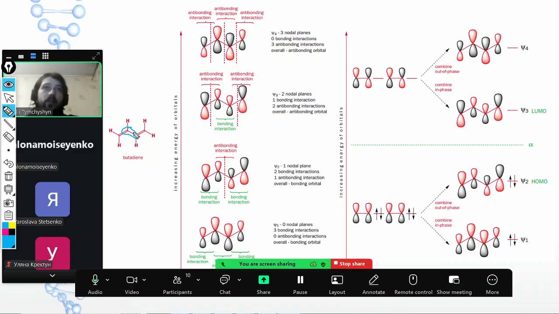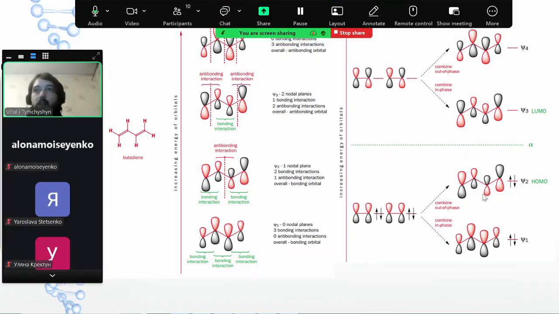And they interact. And that leads to pretty interesting consequences, like changes in different energies of these molecular orbitals. Here you see them on the right. Here are different energies when we are combining everything in phase, when we are combining something out of phase, and so on.